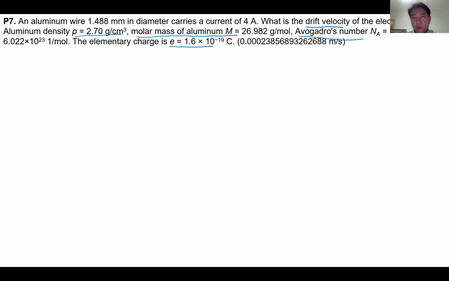Okay, so you need to understand how the drift velocity is derived and what are the related formulae.